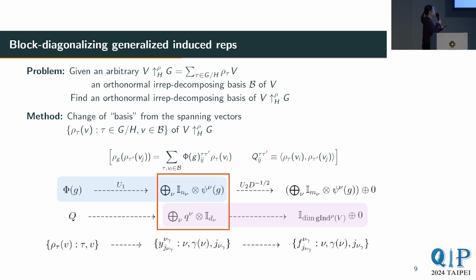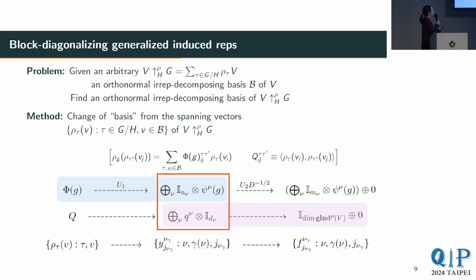And our basis transformation will consist of 2 steps and 3 phases. And we will focus on 3 objects, which are respectively the spanning vectors in the 3rd row, their Gram matrices in the 2nd row, which characterize the linear dependency and non-orthogonality, and the matrix representations of group actions on these vectors in the 1st row. And in this diagram, those 3 objects will be transformed concurrently along the arrows of this diagram.